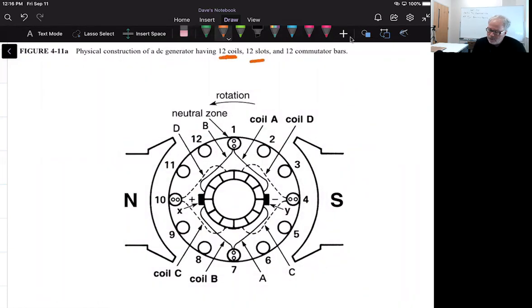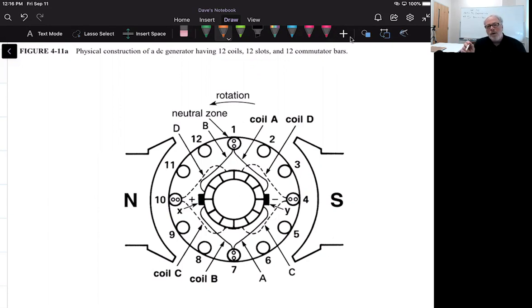you're going to have 12 slots, and you're going to have 12 commutator bars. They'll always be the same. And hopefully when we get finished with all this, it'll make sense as to why that is. But for the time being, just know that 12 coils, 12 slots, 12 commutator bars, they'll always match up.